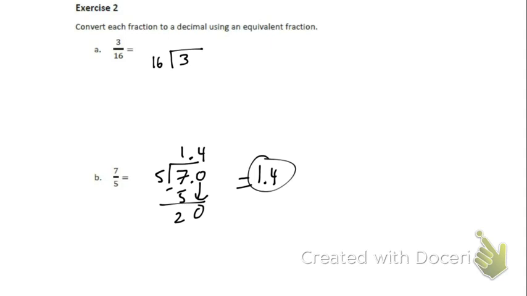So the other way I showed you guys was like a shortcut that you could do on a lot of problems, but it won't always work. For example, for question A. Or for question B, you can do long division like you would have to do for A. Or real quick, let's do what we did for the other problems. I could multiply top and bottom by 2, right? Get 14 over 10.